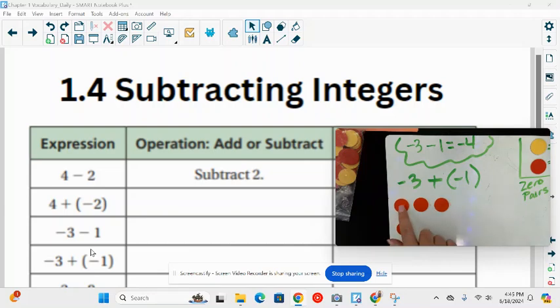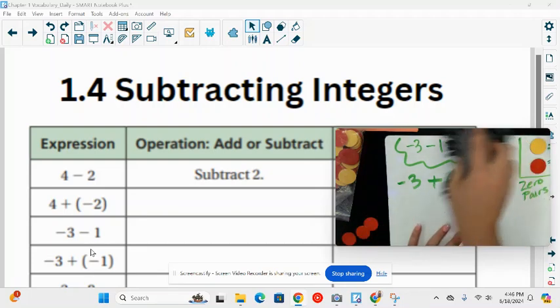What I've done is 1, 2, 3, 4. I also get negative 4. You notice we end up doing the same thing. Subtracting is the same thing as adding a negative. Let's try it again.